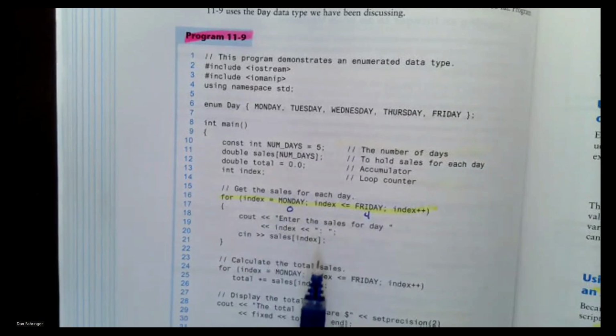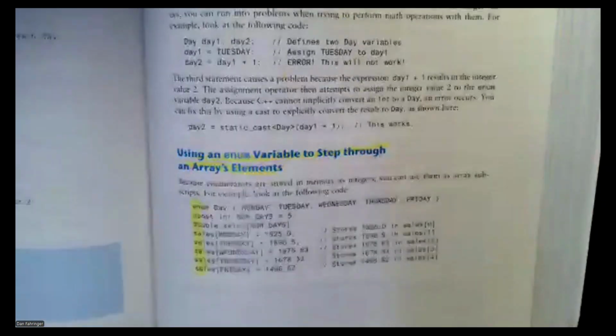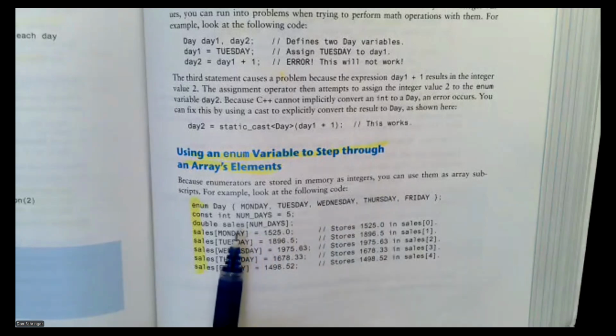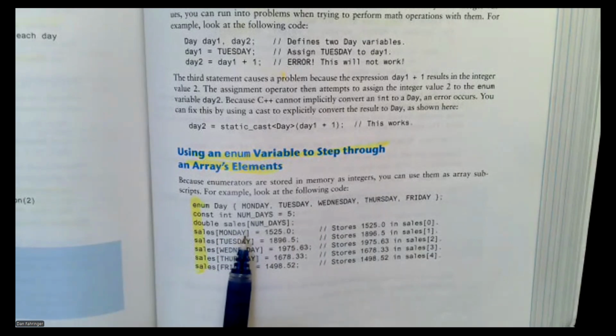I can also use that down in here. This index is actually going to have a numerical value. Enumerated data type. Fun with enumerated data type. Here's another one. Do you notice I'm using subscripts? Instead of the number 0, sales sub 0, this might make it, what was my sales on Monday?